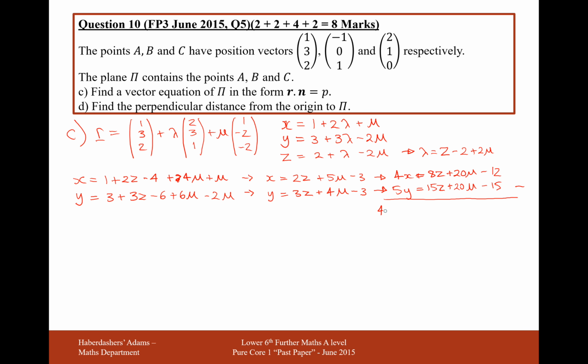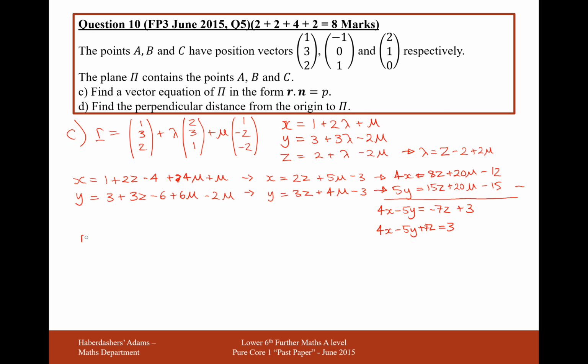So we're going to get 4x minus 5y equals minus 7z. The mu's will cancel, and in this case here we're going to get a plus 3. Perfect, good. Okay, so let's just rearrange this. So it's 4x minus 5y plus 7z equals 3.